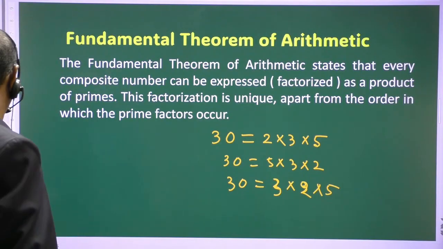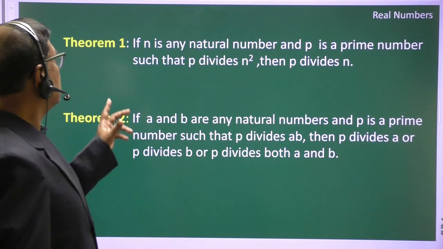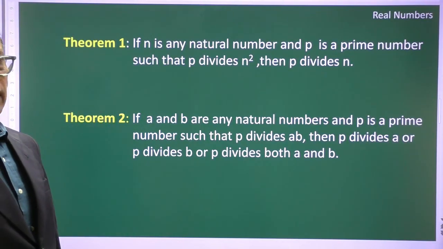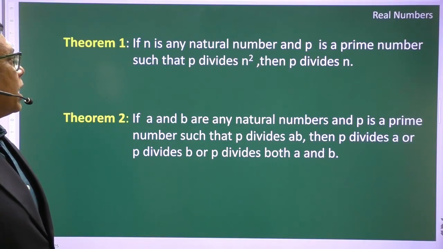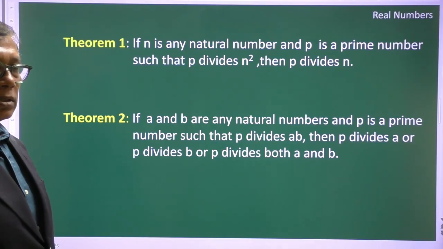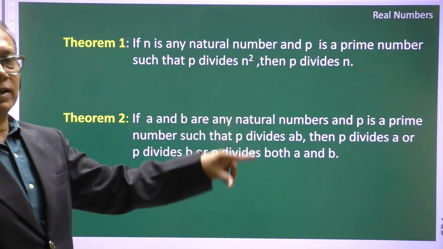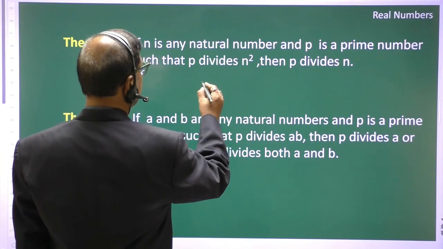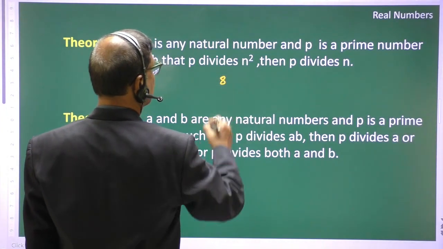Is it clear? Now, 2 more theorems related to this. If n is a natural number and p is any prime number, and we know p divides n square, then p divides n also. For example, suppose I am taking the natural number 8.